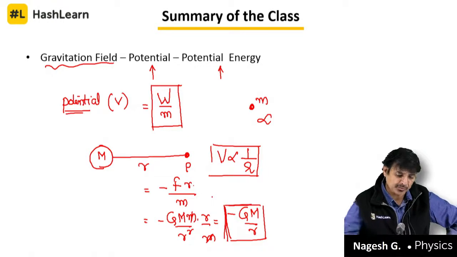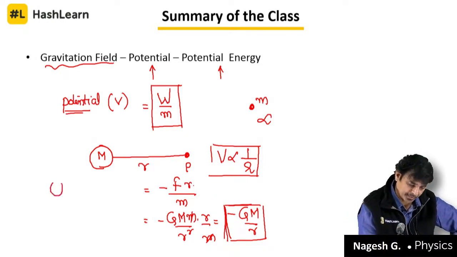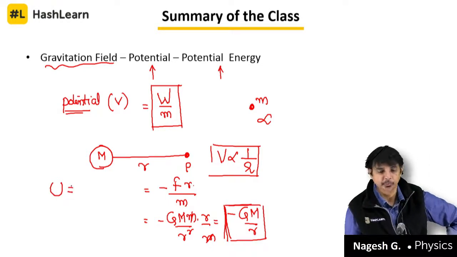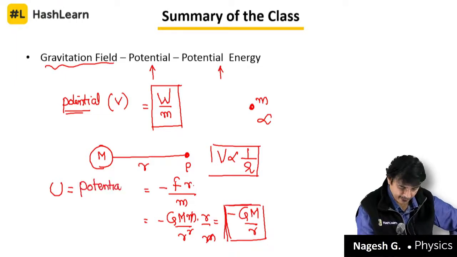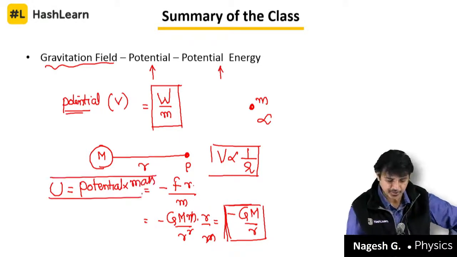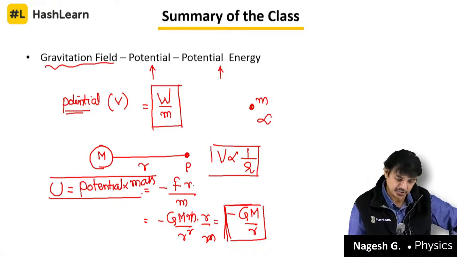Then as per the definition, how do we say potential energy mathematically? The symbol of potential energy is U. That is nothing but potential into mass of the body. Potential into mass of the body is called potential energy.